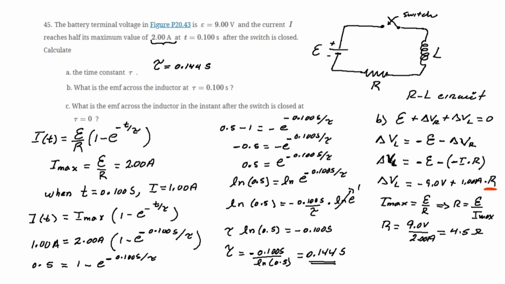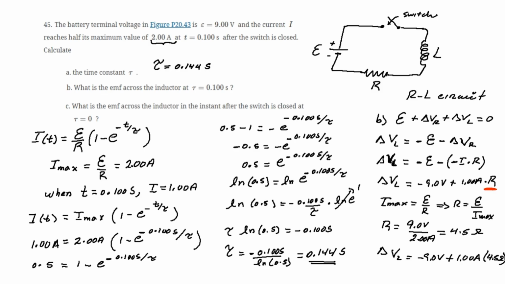So the variation of voltage across the inductor would be minus 9.0 volts plus 1 ampere times 4.5 ohms.